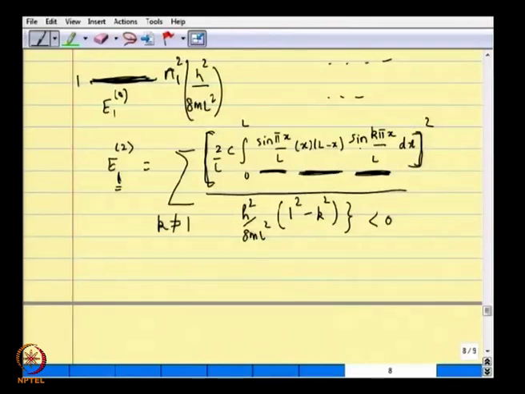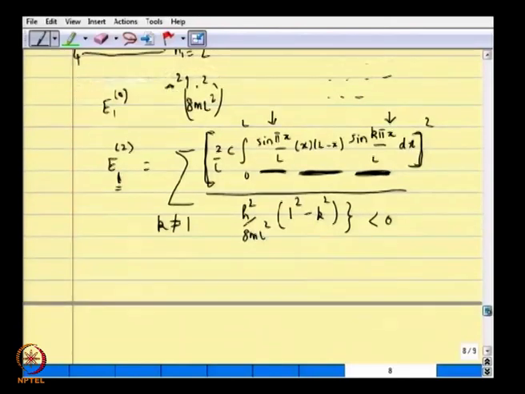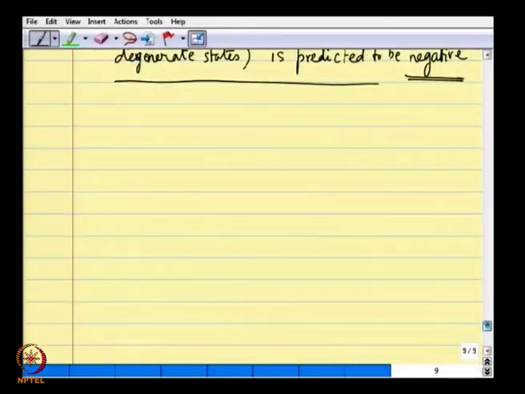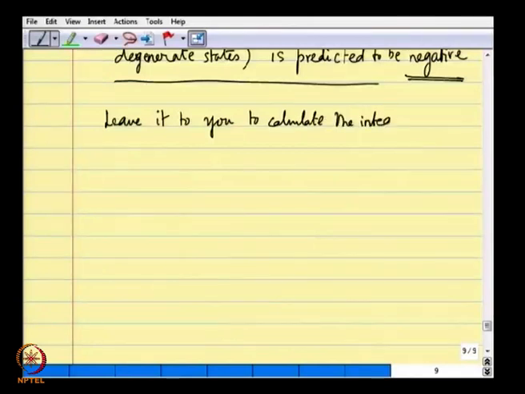Therefore, this is the off diagonal matrix element of the perturbation in the eigenfunctions of the 0th order Hamiltonian, sin pi x and sin k pi x. So, everything that we said earlier is illustrated here. Okay. Now, again I will leave it to you to calculate the integral. It's a very simple form.